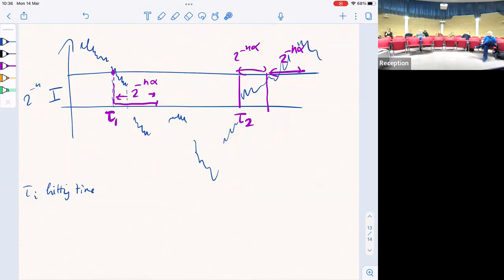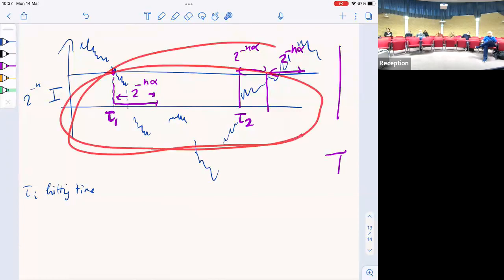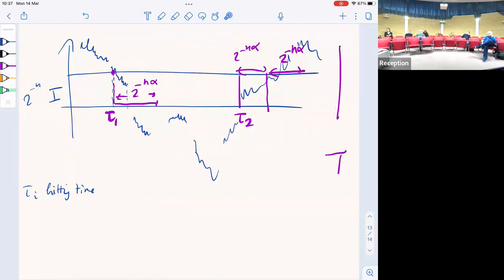So the question is, if I fix a time, which is t, how many hitting times are there included in this interval? If I know this, then I have a covering, because I use intervals that are all the same size, and all I need to do is to count how many of them in order to cover this set. So that's again the first covering principle.